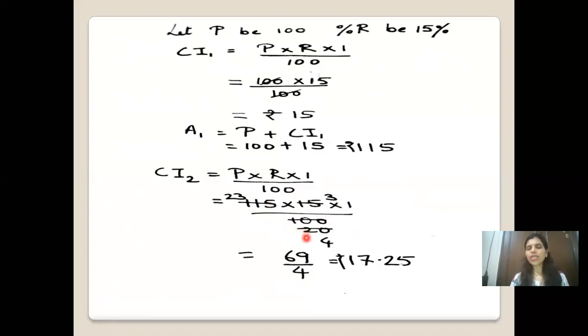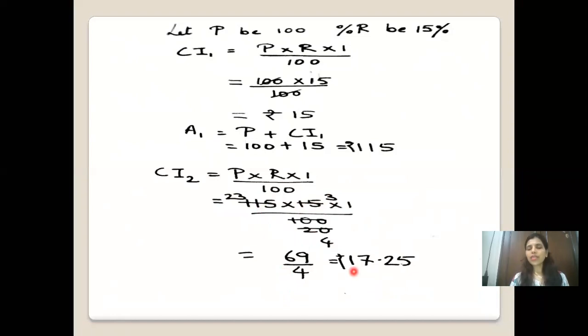So 5 2s are 10, 0. Then 5 2s are 10, 1 carry over, 5 3s are 15. Then 5 4s are 20, 5 3s are 15. Now you are left with 23 into 3, that is 69 upon 4.